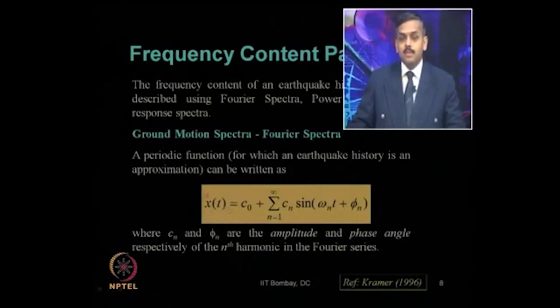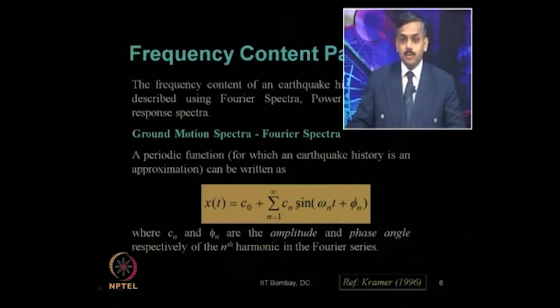Suppose the earthquake displacement x of t, which is a function of t, can be expressed in this periodic format, which is nothing but the equation of a well known Fourier series: C naught plus the sum over n equals 1 to infinity of C n sine of omega n t plus phi n.